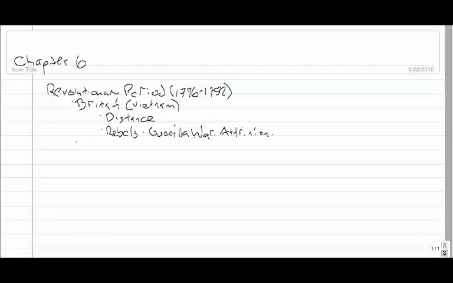The other thing about the Revolutionary War is it is looked upon as an interesting war to unify the classes. I keep doing this silly thing here. Let's see if I can figure out how to not do that. It unifies the American classes. Although it is an elites' war, the elites are going to benefit from this.